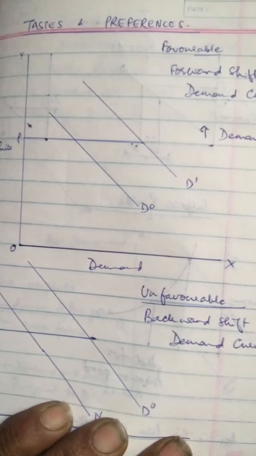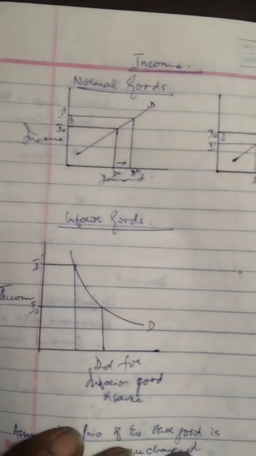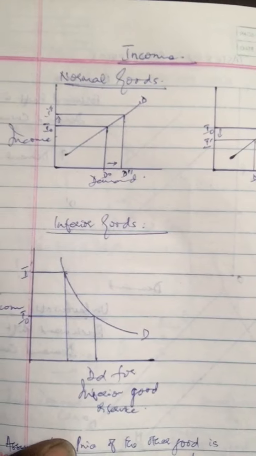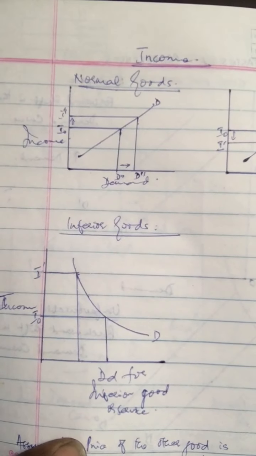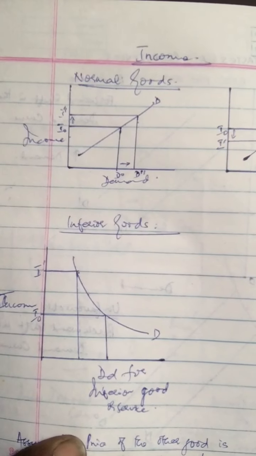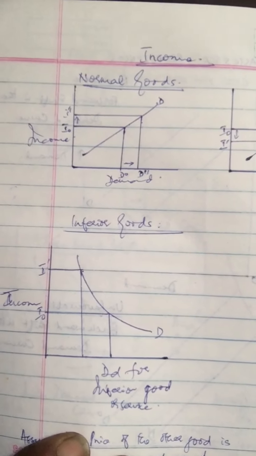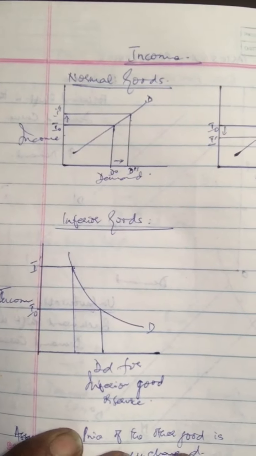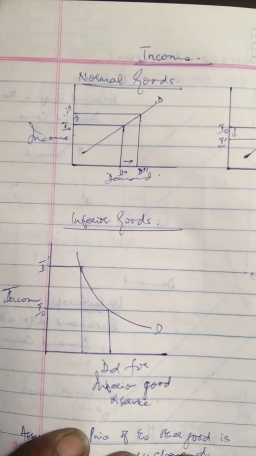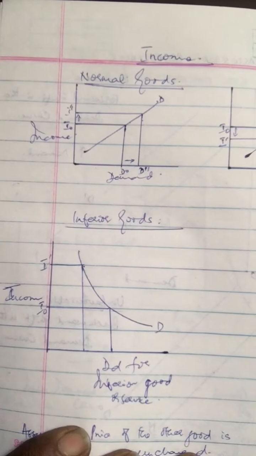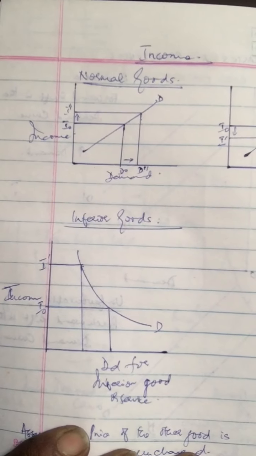Then income. Now talking about income, we talk about what is known as normal goods and inferior goods. Now talking about normal goods, you find that if the income increases, then the demand will rise for normal goods.